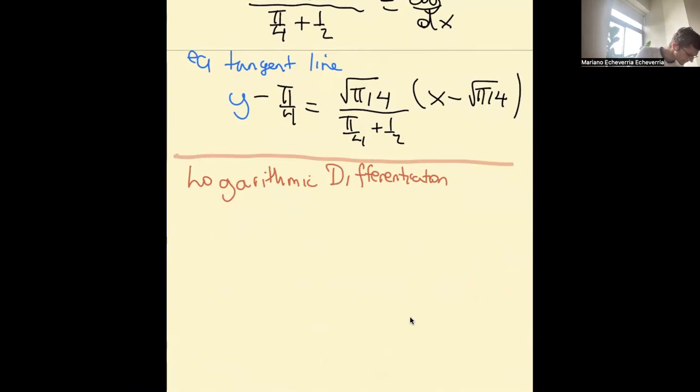But that's a little bit messy. Okay, let's do this one, number 96 on 3.8.